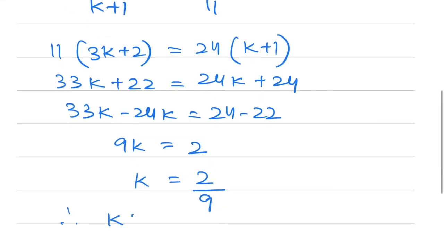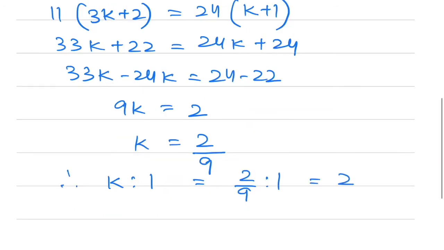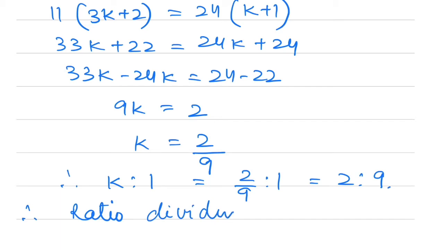Therefore k is to 1 will be equal to 2/9 is to 1, which is equal to 2 is to 9. Therefore the ratio dividing the line is 2 is to 9.